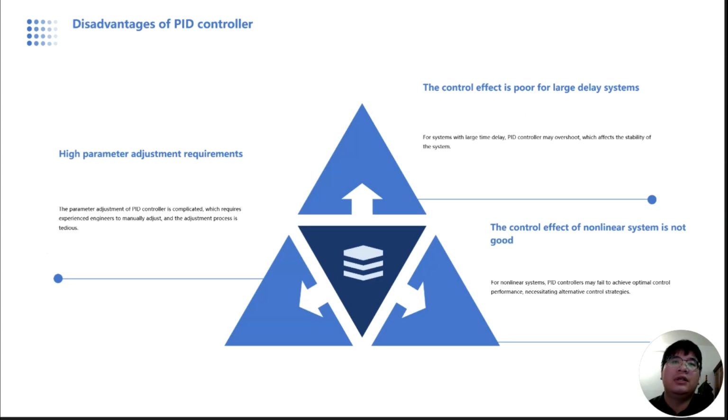Of course, PID also has its limitations. Firstly, it's not effective for a system with high latency. If the response delay from input to output of the system is long, the predictive ability of PID will fail, which can easily lead to overshoot and oscillation.